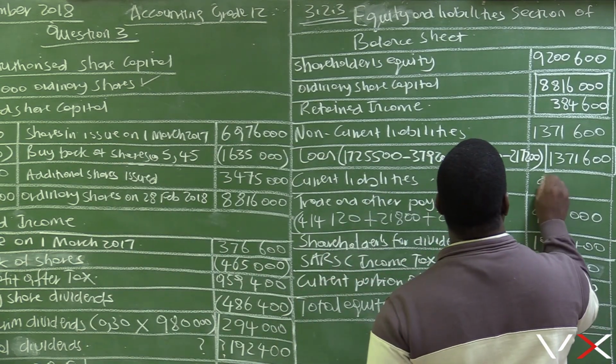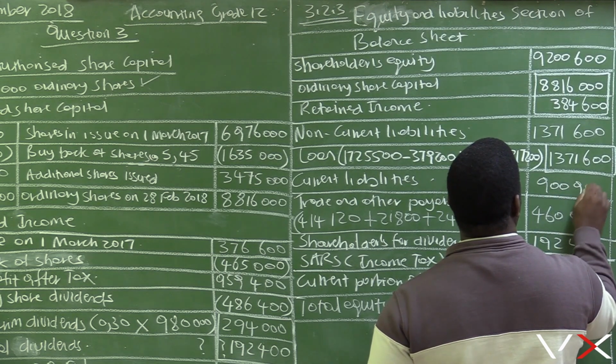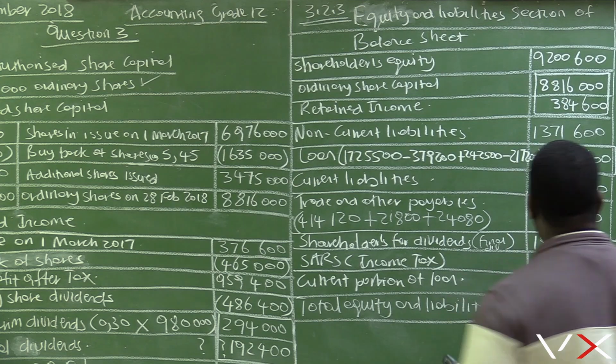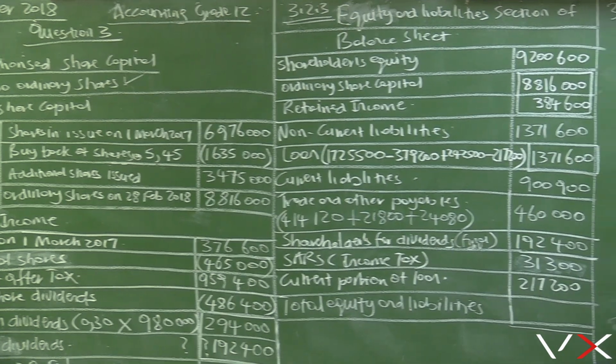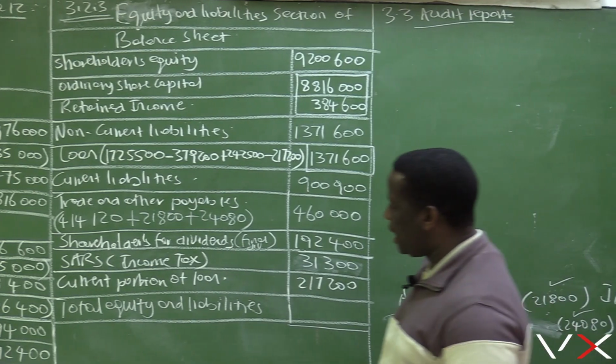So the total current liabilities is 900,900.